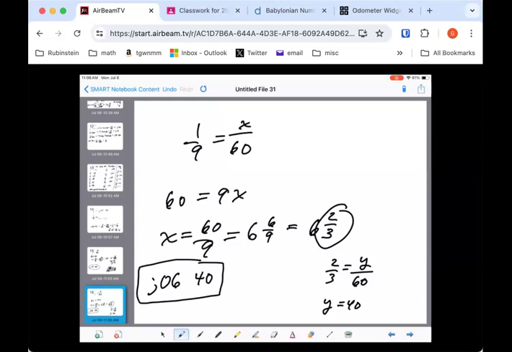There is something a little bit confusing about this process. 6 2/3 60ths is 6 60ths plus 2/3 60ths.